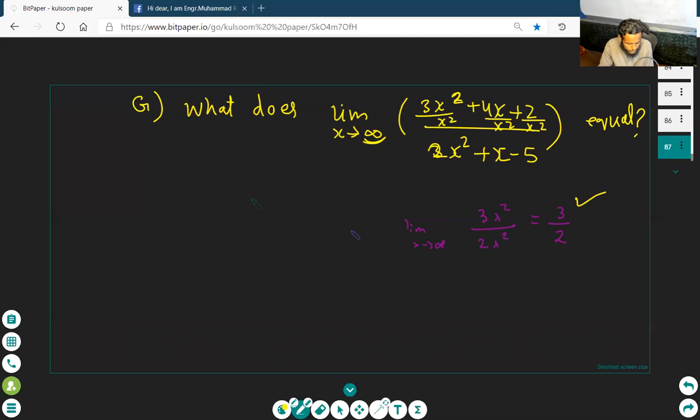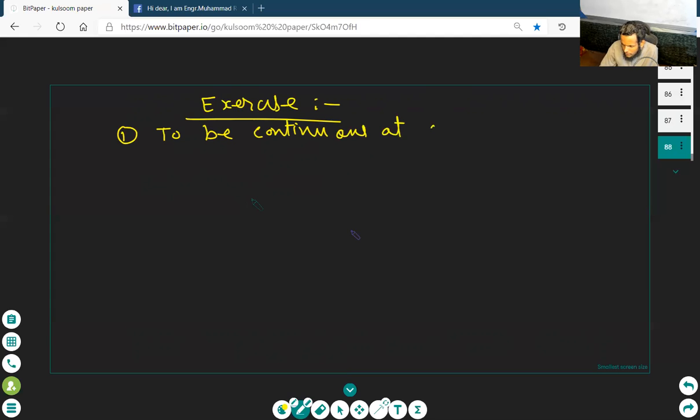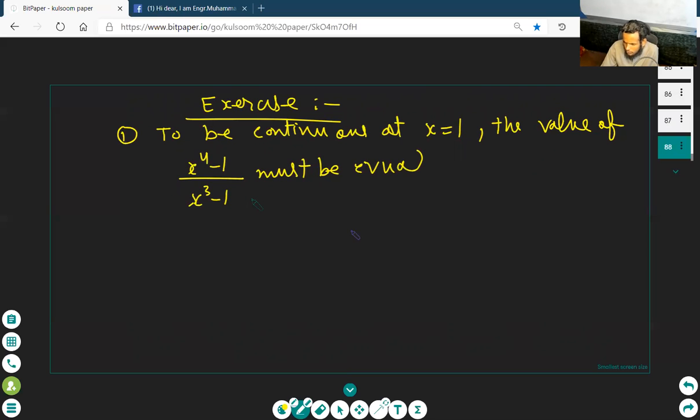Exercise. For the function to be continuous at x equal to 1, the value of (x^4 minus 1) upon (x^3 minus 1) must be equal to... I give the options, then you should find it.